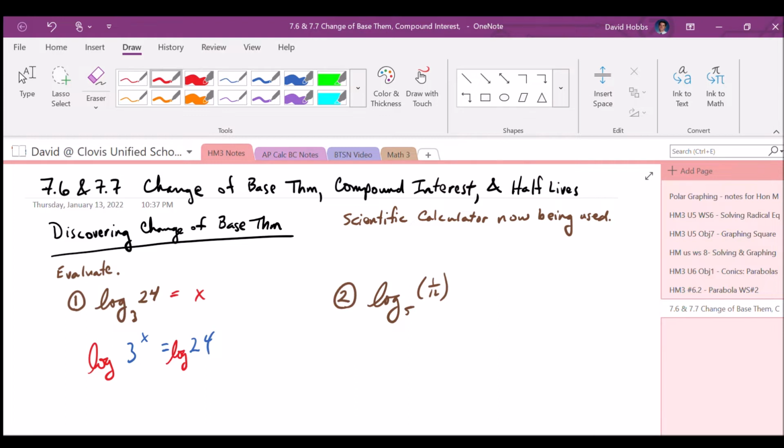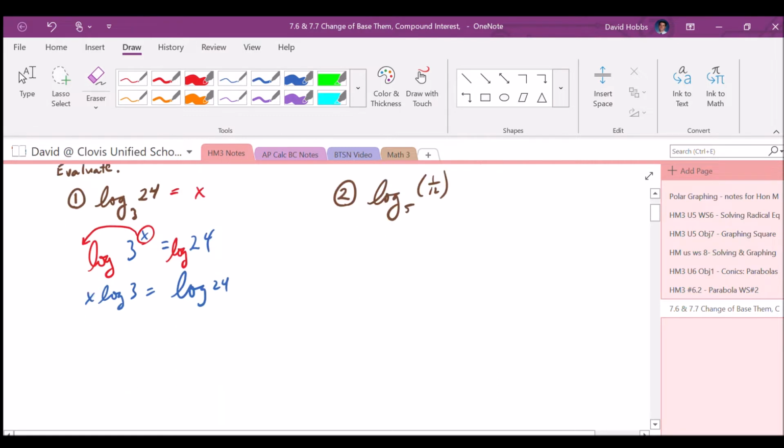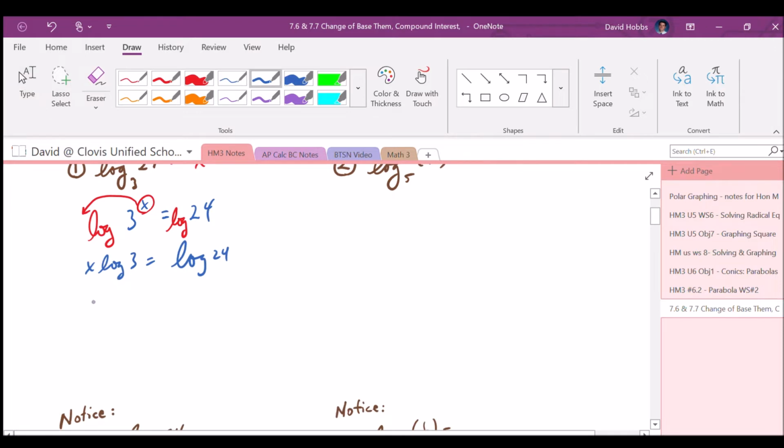Scientific calculators know either base 10, common logarithms, or base e. Now that I've done the log, the exponent can be brought out in front because of log properties. So we have x log 3 equals log 24, and I can solve for x by dividing both sides by log 3.